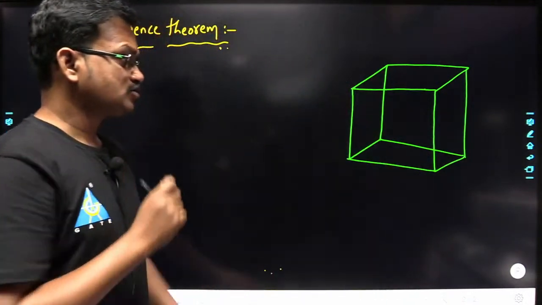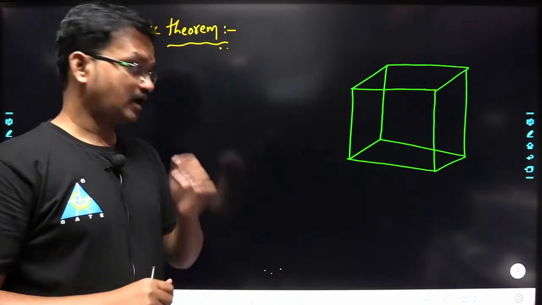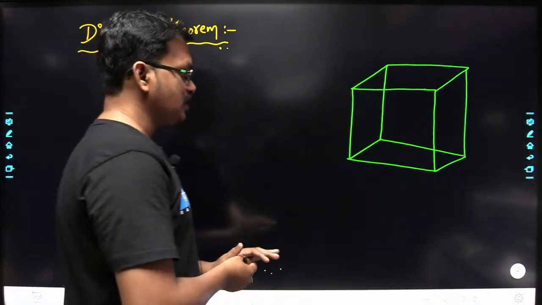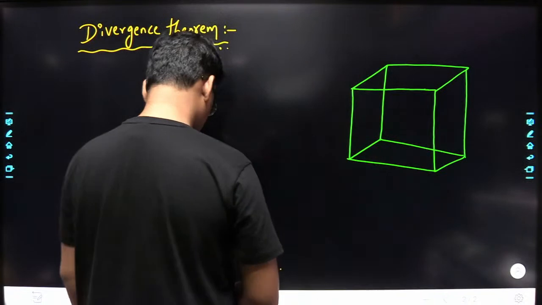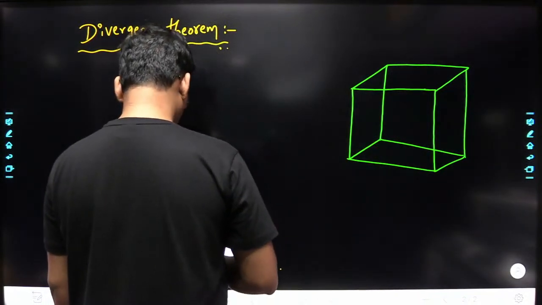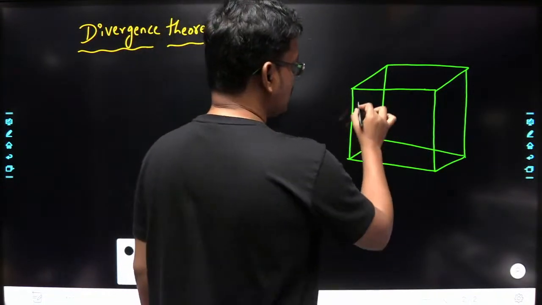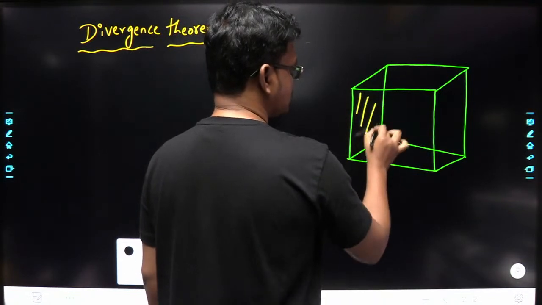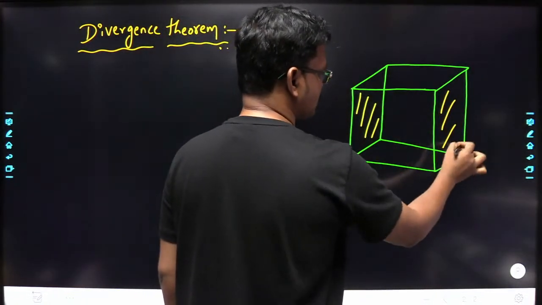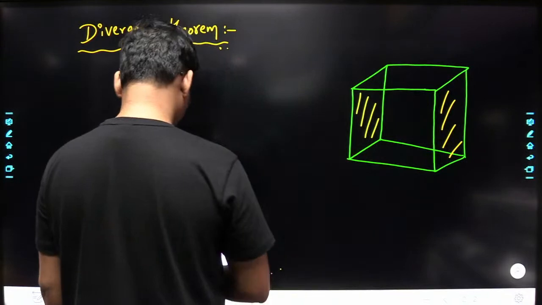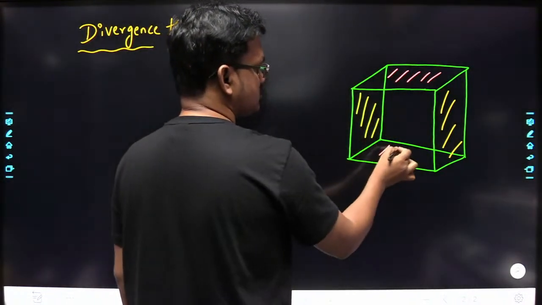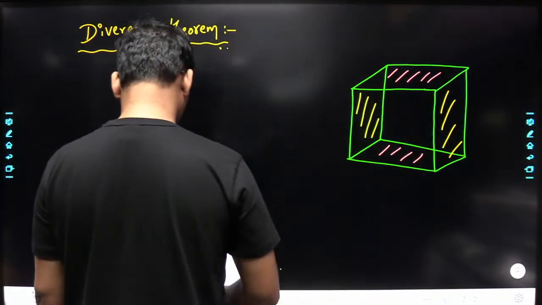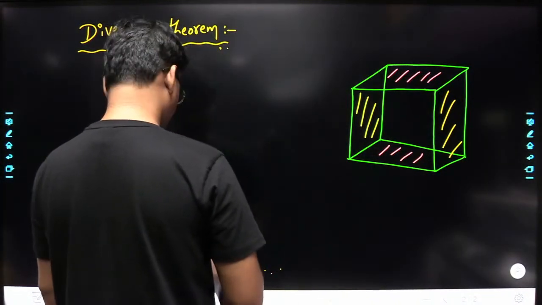Some closed surface I have considered here, and that closed surface is just like a cube. Okay. So now here, this is the side surface, these are the side surfaces, and this is the top surface, and this is the bottom surface, right?